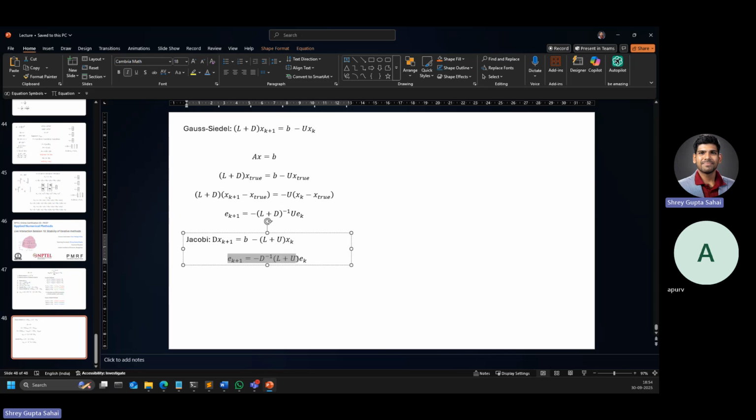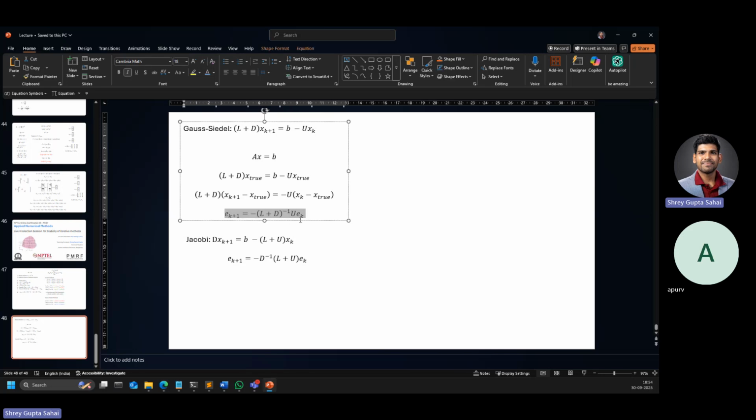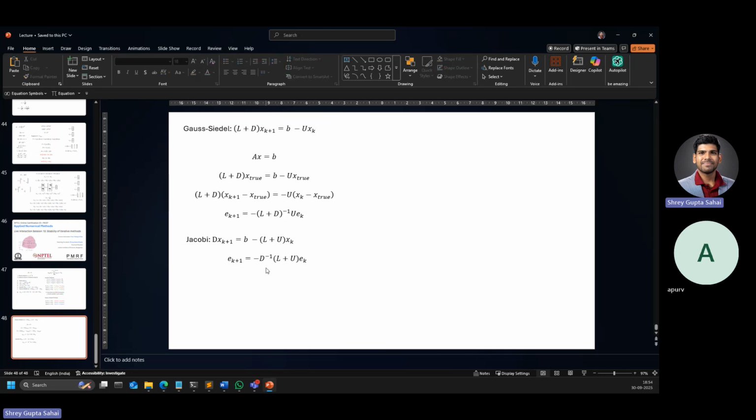Acha, one more thing. Do you realize that these two equations are representing a dynamic system? Meaning, sir? Meaning that suppose we would have done some Euler discretization.